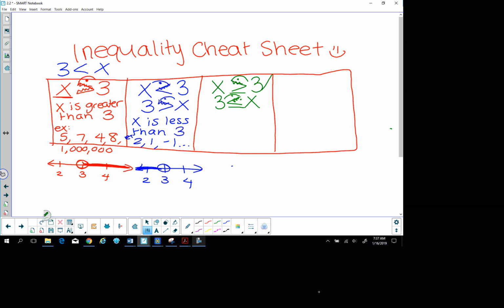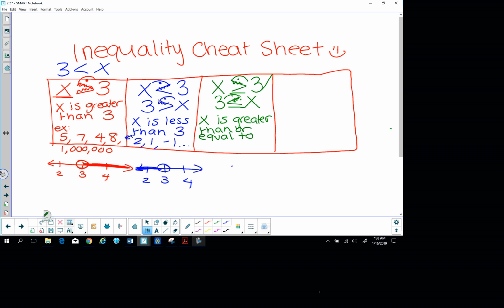So we know it's greater than, and see, I took an equal sign, I took an inequality sign, and I smushed them together to get greater than or equal to. So that line just means I took an equal sign and smushed them together. So I'm going to write x is greater than or equal to.